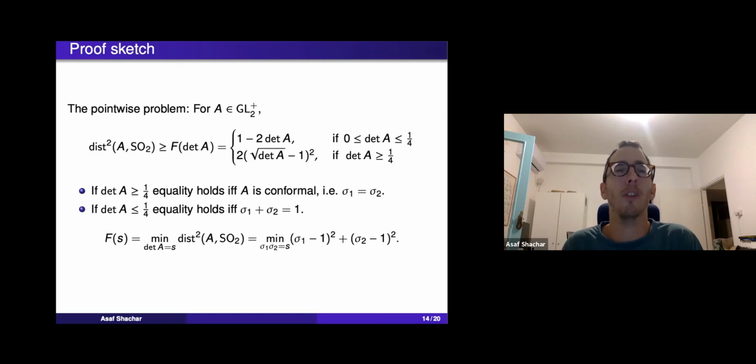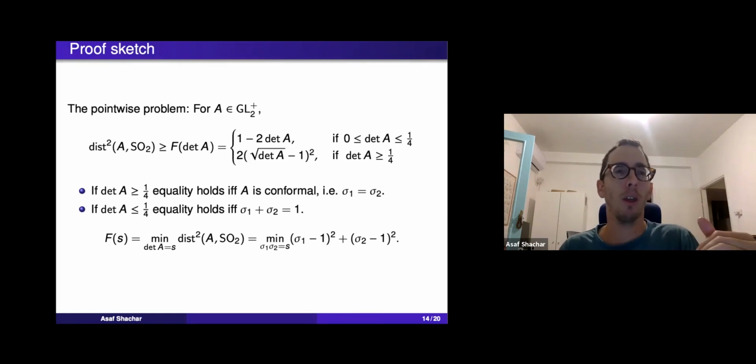Inside the class of all matrices of determinant S, so the matrix A induces a volume distortion of S, we are looking to minimize the distance from SO2. And it turns out that this function is the f I described before.